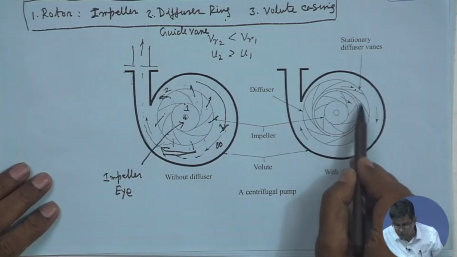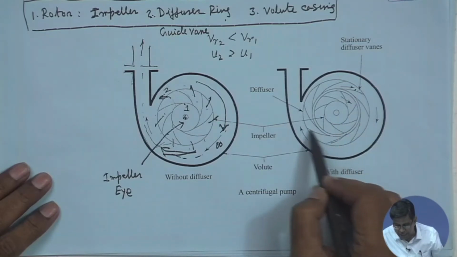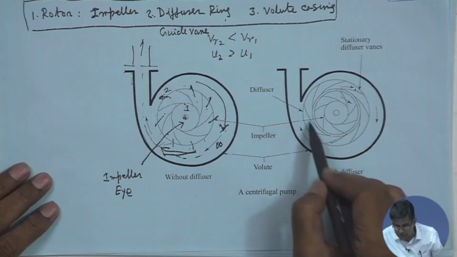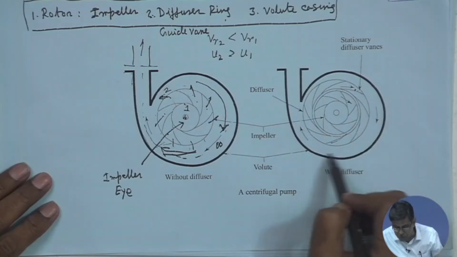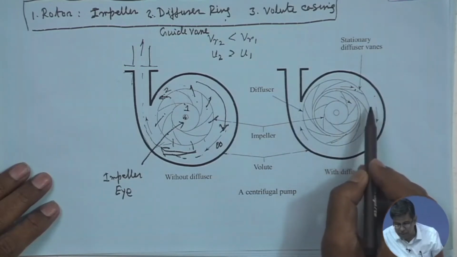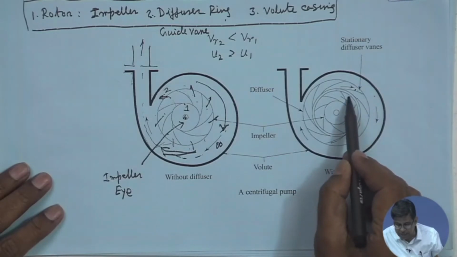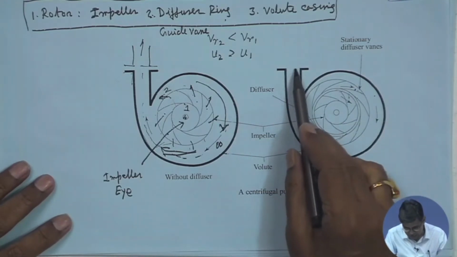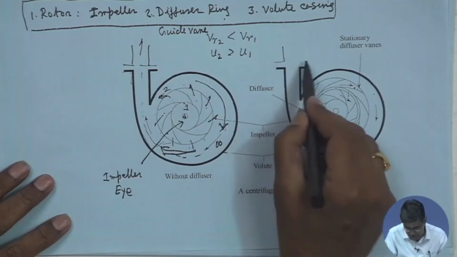That means both the static vanes, as the guide vanes attached to the guide vane rings, and also the volute casing, convert the kinetic energy of the fluid coming out from the impeller blade passages into static pressure or static head, and this is finally the outlet.